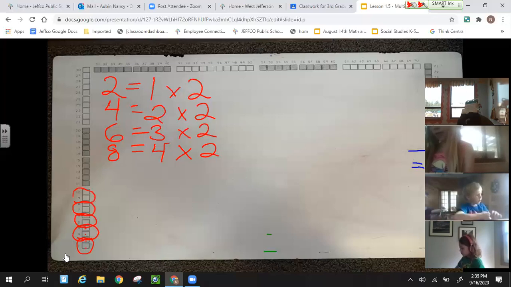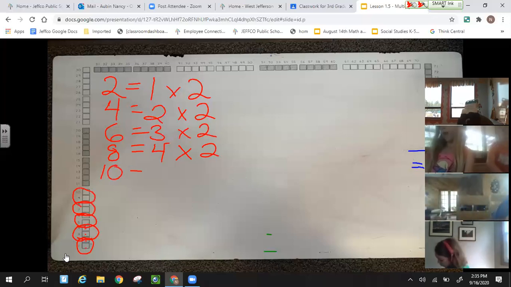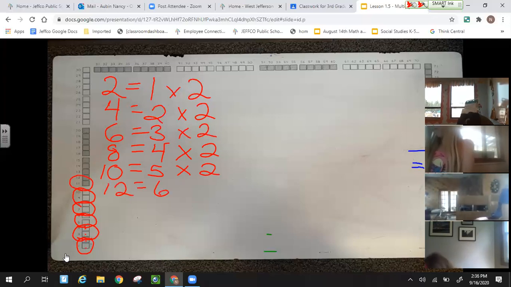Two more would give me, now I see 10. Now I have 5 groups of 2. I'm going to circle another group. Now I'm at 12. I have 6 groups of 2. I'm going to circle another group.